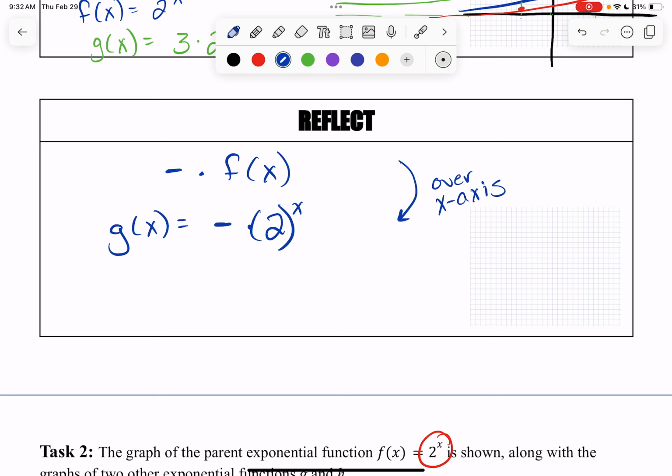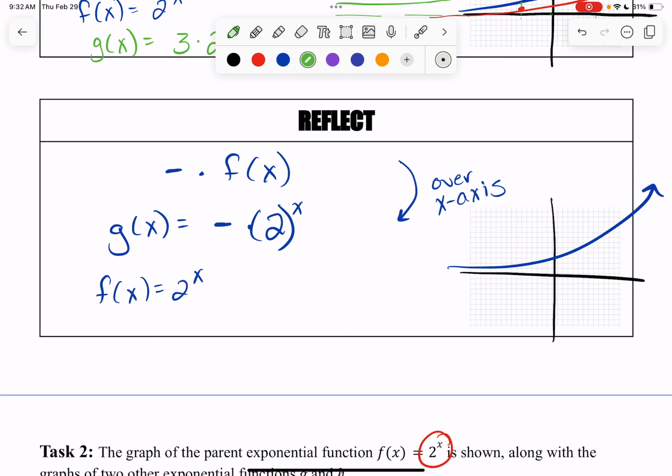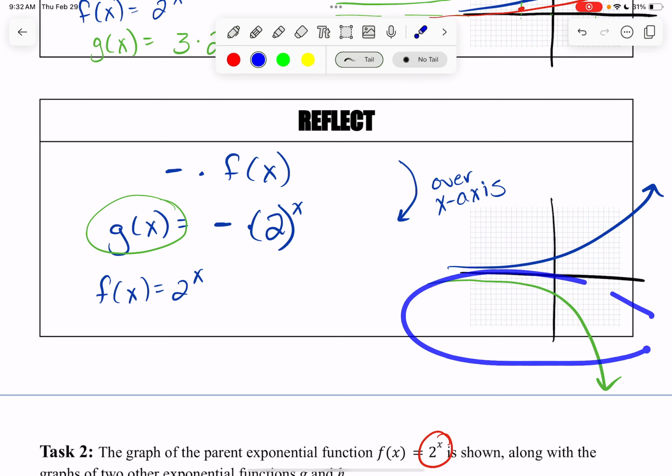Again, my f of x is 2 to the x, there's my parent. The reflection, this g of x, is going to do that. So now it's switching it from an increasing to a decreasing function. It's not going to affect my domain, but it is going to affect my range, because now we're looking at the numbers less than 0 instead of greater than 0.